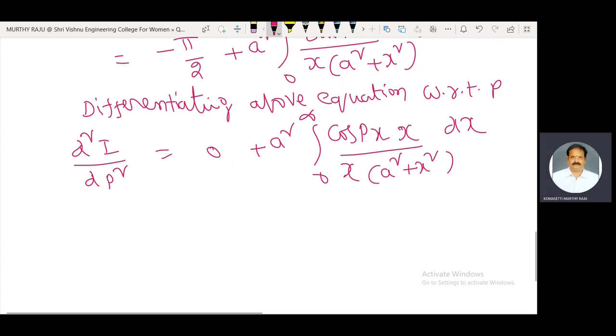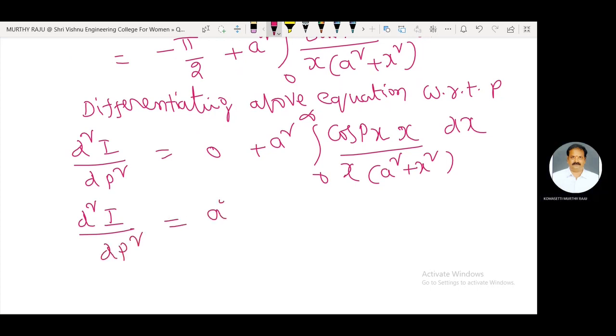This is d square I by dp square is equal to a square into integral 0 to infinity cos px into x. The x cancels, cos px by a square plus x square dx.